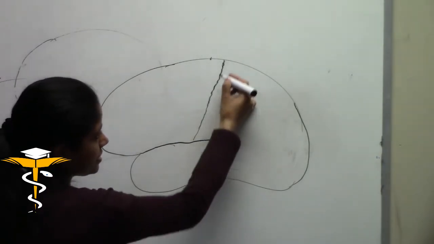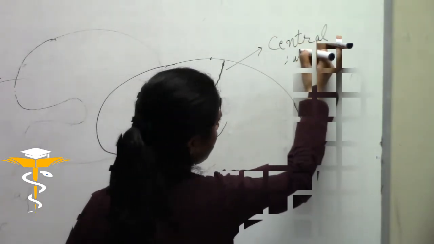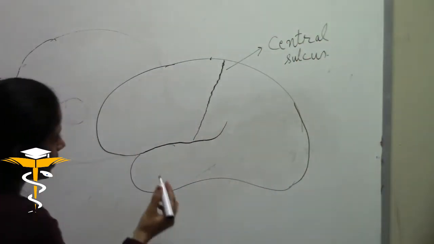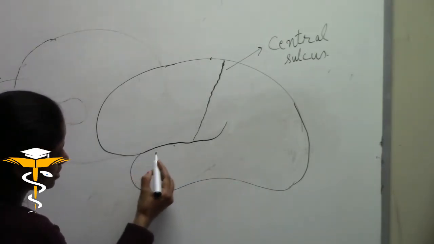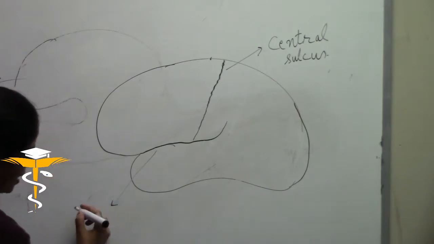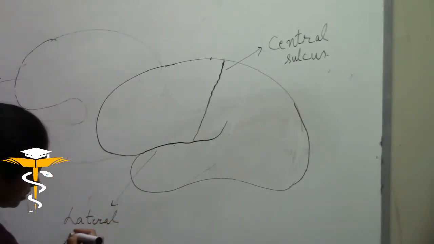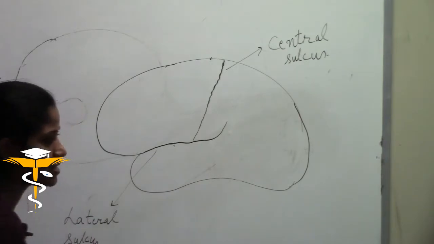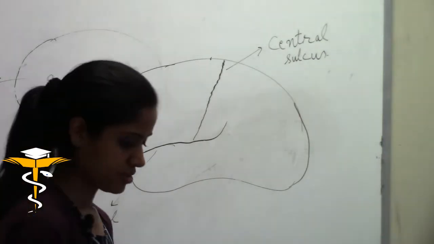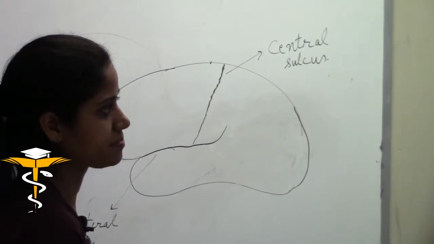This one is the central sulcus, whereas another sulcus running backwards and then upwards from the frontal pole, this one is named as lateral sulcus. So the two sulci are clear, the central sulcus and the lateral sulcus. This is the picture of the lateral sulcus.